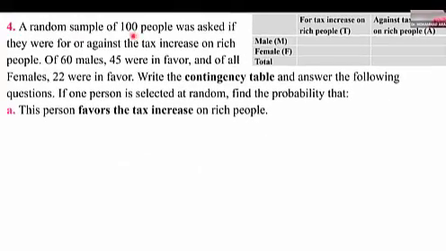A random sample of 100. So that is the grand total. Whereas here, it's the total for this column, total for this column, total for this row, and so on and so forth. So this one is 100. Of 60 males, that means a total of 60 here.